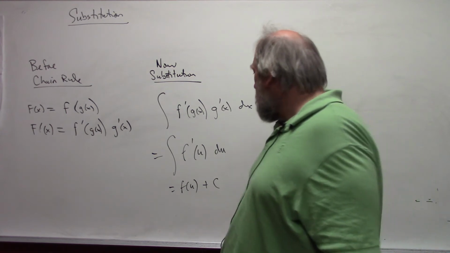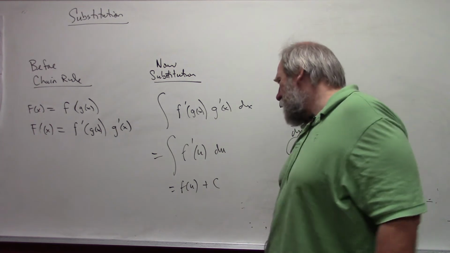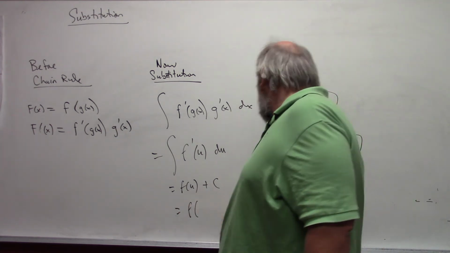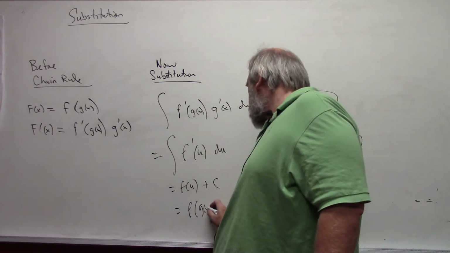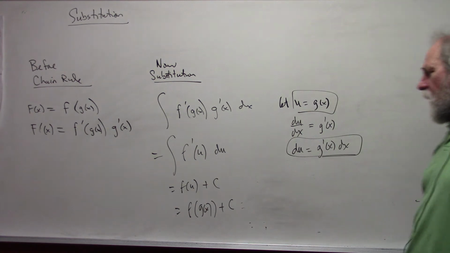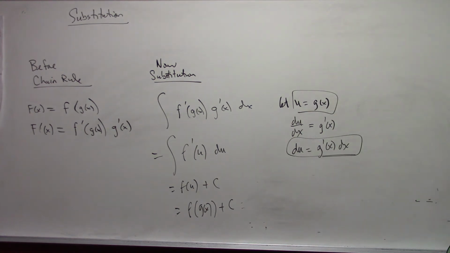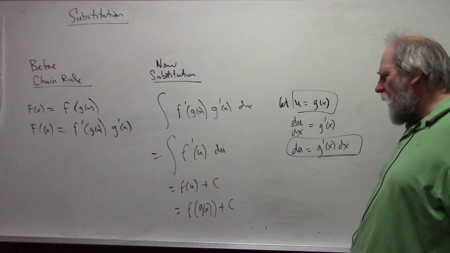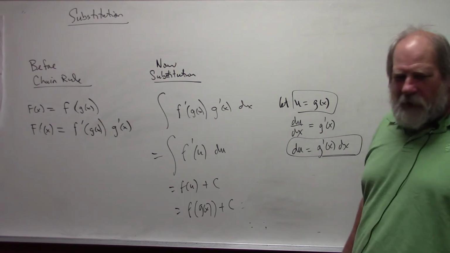We do not care about u. We care about x. And so this is then f of g of x plus c. So you can see it's the reverse of the chain rule. It's called substitution or u substitution. Later on in Calc 2, you'll have something called trig substitution. So generally, we ultimately end up calling this u sub.